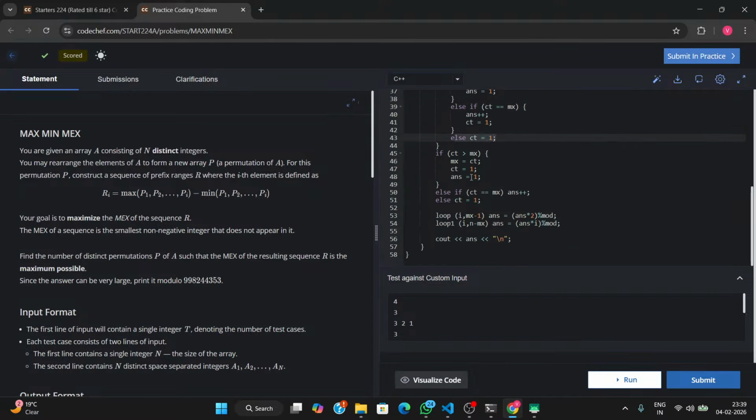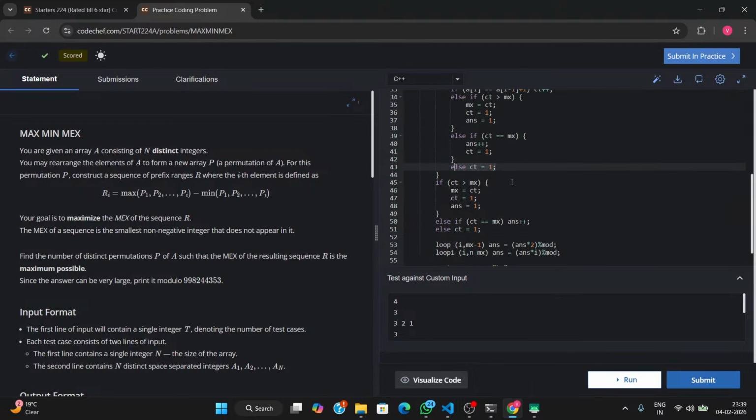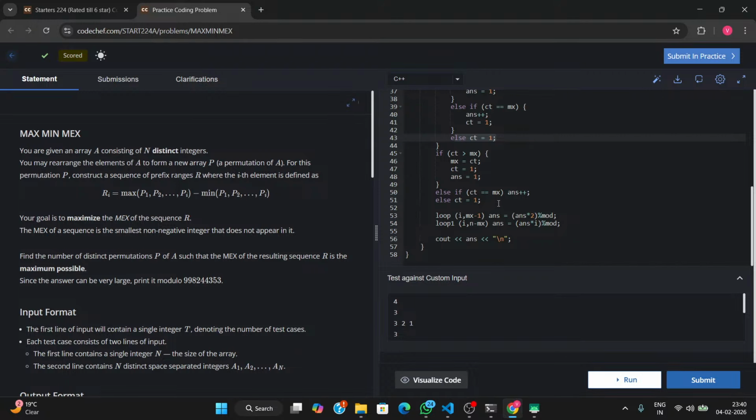There are multiple possible ways to implement this, like using two pointers or using something else. I guess you guys can do it. The main thing is the final formula that we got was 2 raised to the power mx minus 1. So mx minus 1 times I'll multiply 2 in the answer. I can simply do it in a loop as it's within the range of n. So I don't need to use the binary power function or pre-calculate the factorials.